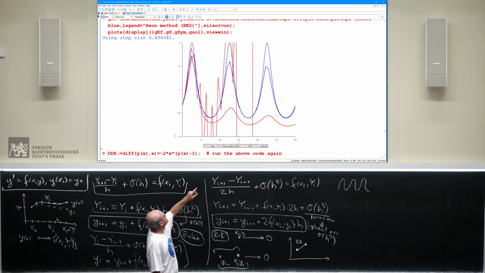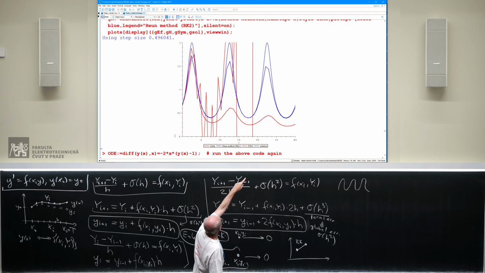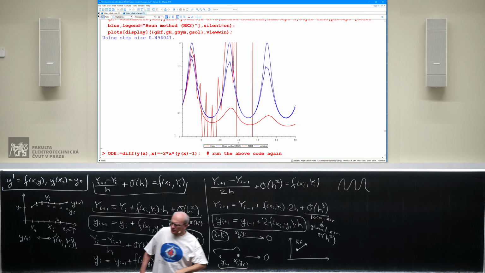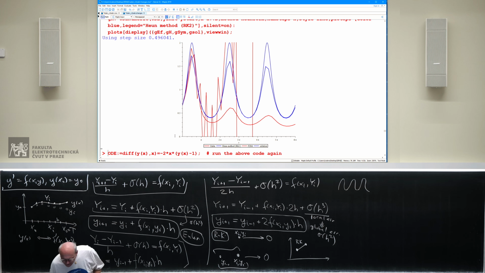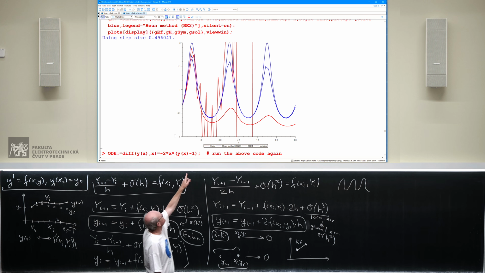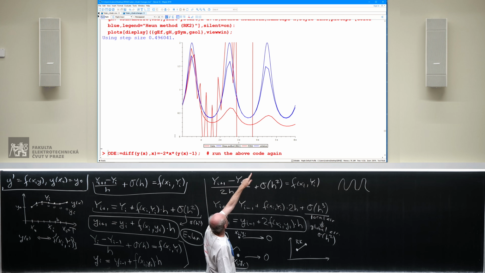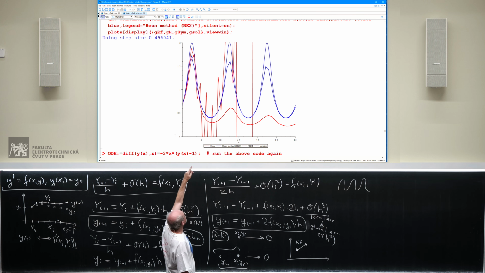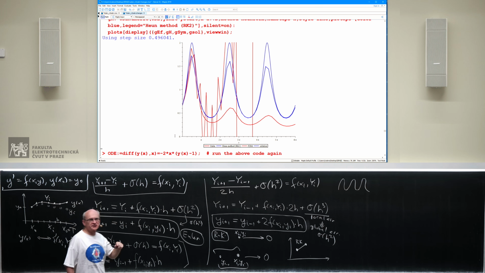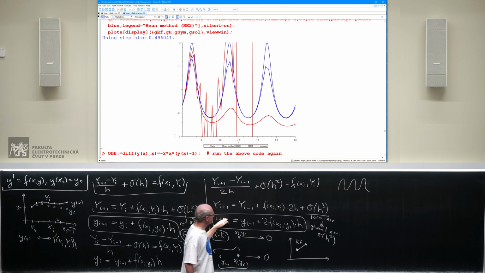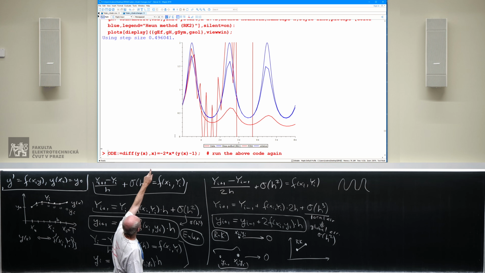Of more interest is the light blue curve. It's supposed to be light blue. Yeah. It's not so easy to see the difference here. It's the broken one. That's actually the Heun method, a Runge-Kutta method of order 2. And the method that we created here, that's the brown curve which is going up and down.